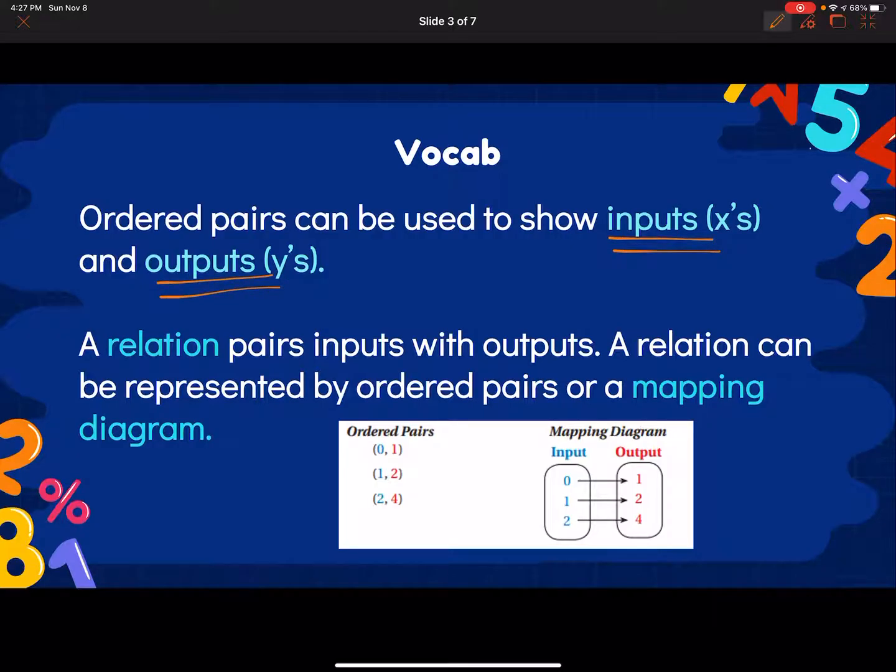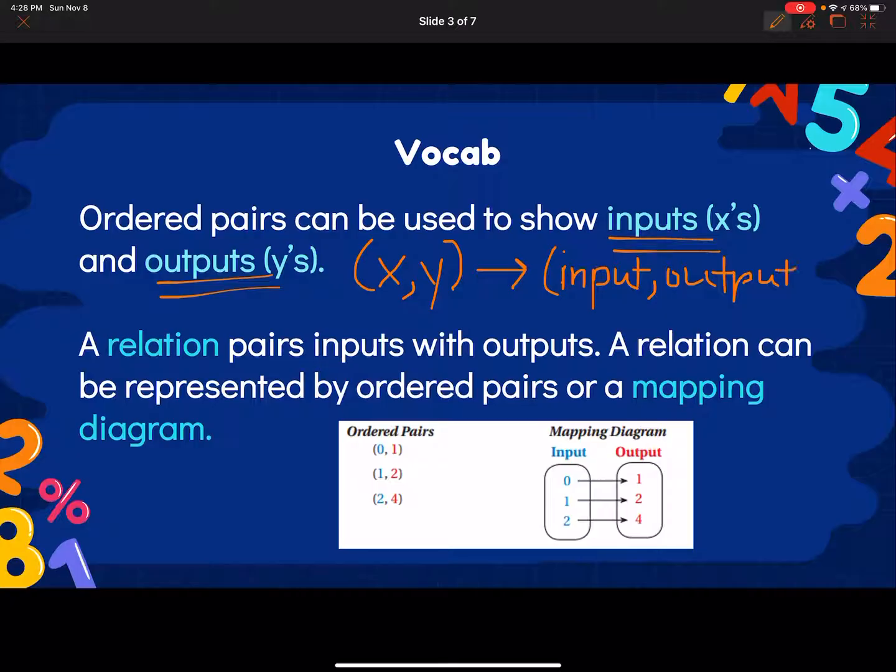Now, the word input is just another term or vocabulary word for the x value. The word output is another term or vocabulary word for the y value. So just like we have an ordered pair where we have our x, comma, y within parentheses, we can think about that as the same thing as our input and our output.